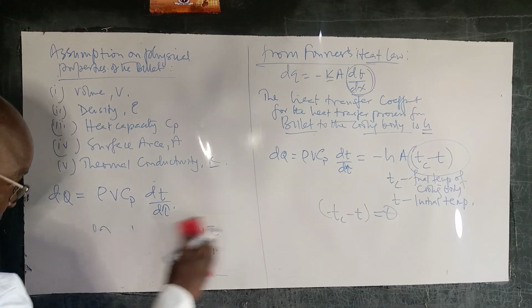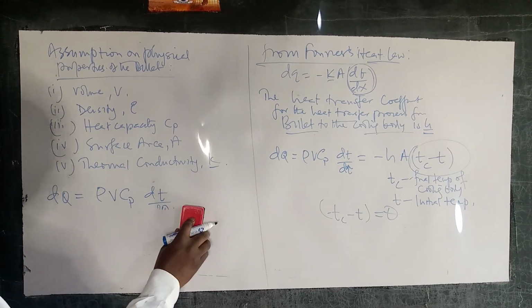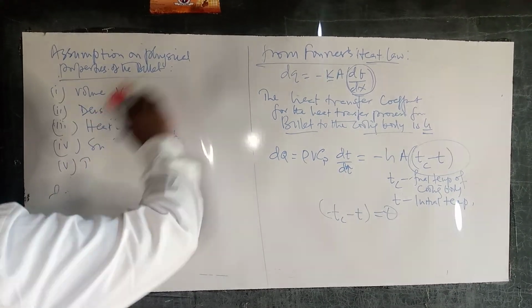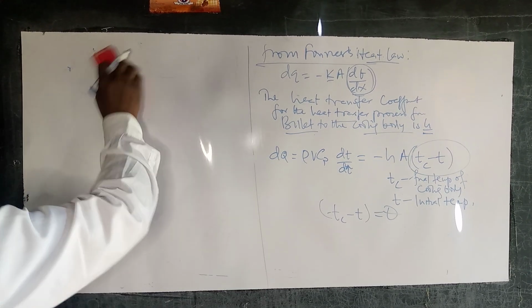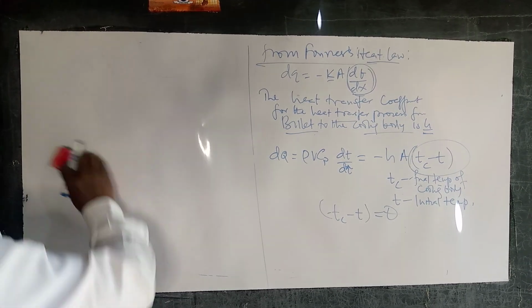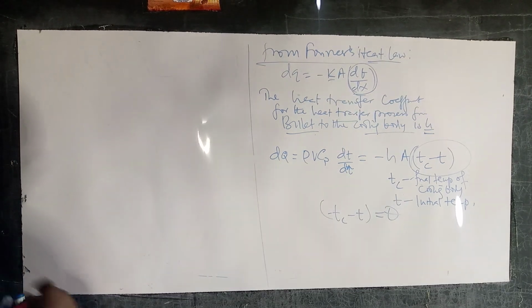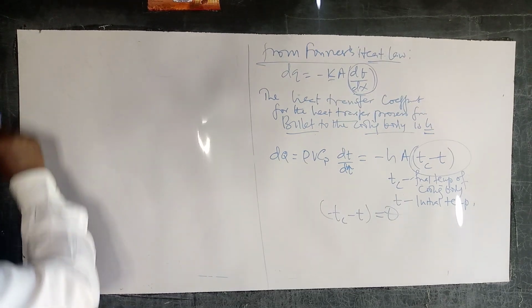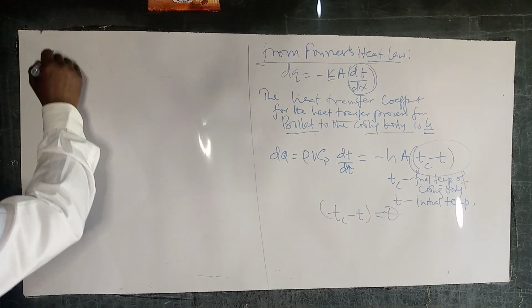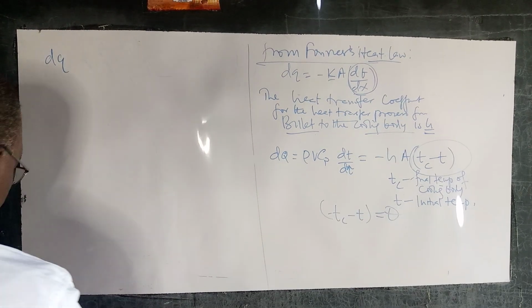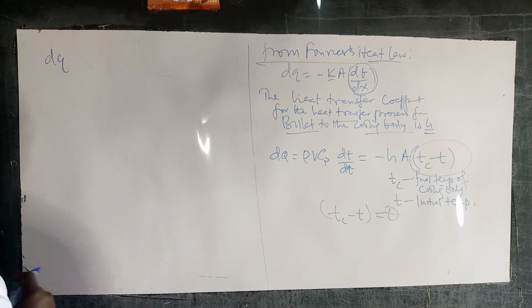Now, let us put in some of these quantities which we have assumed. See which is a better pen. That looks better. It's a much better pen.